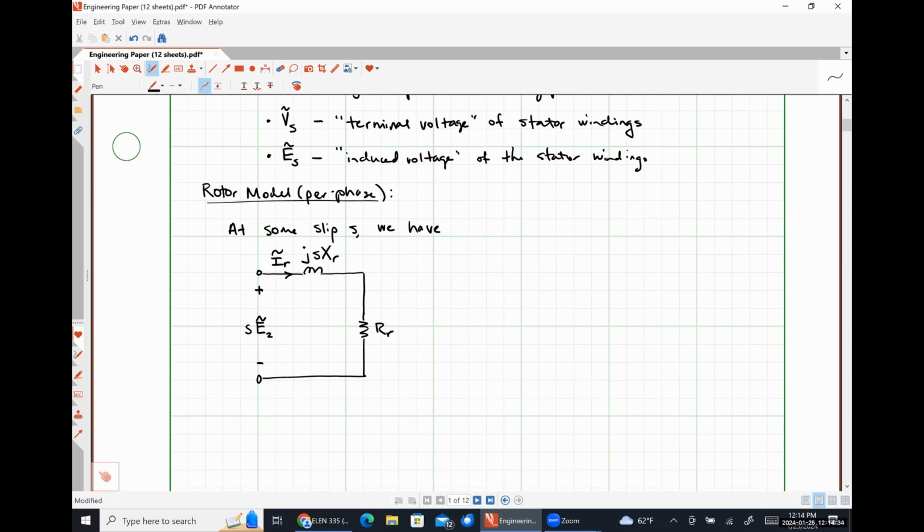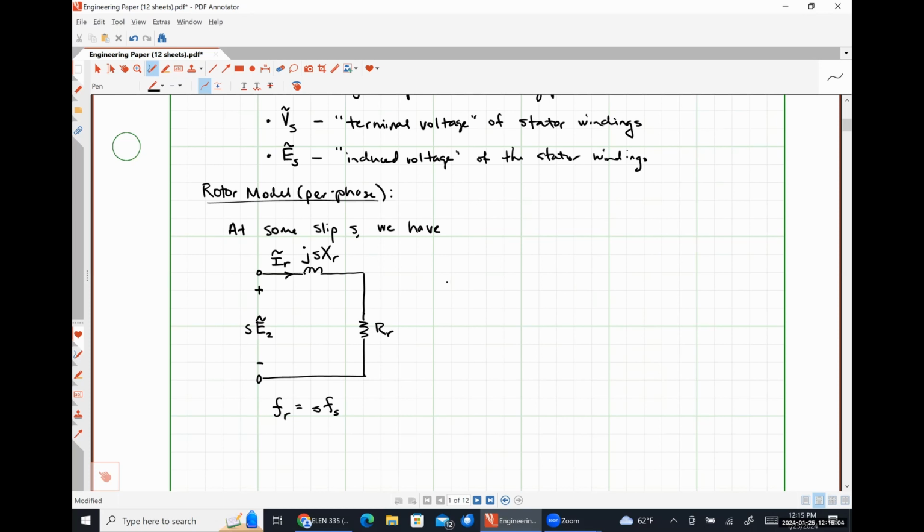And our induced voltage and our rotor current will be operating at our slip frequency, FR, which is just S times our stator frequency. So we have two different electrical frequencies going on here, exactly like what we should expect. We talked about that quite a bit on Tuesday's class meeting.